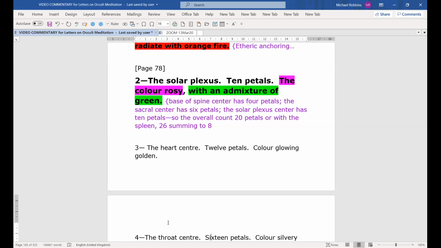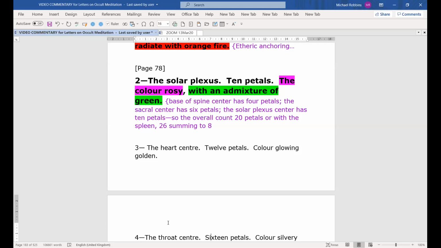The number 10 represents more the completion of that other part of the parallel kingdoms, the human part, the man part. So here we are with the number 12.